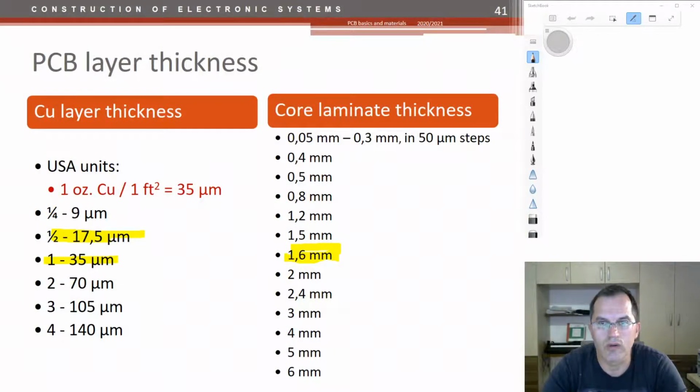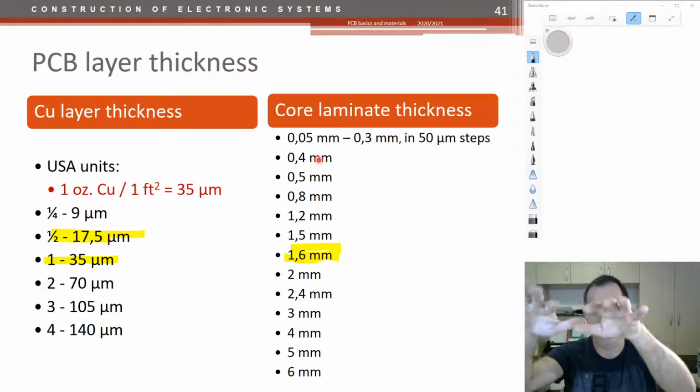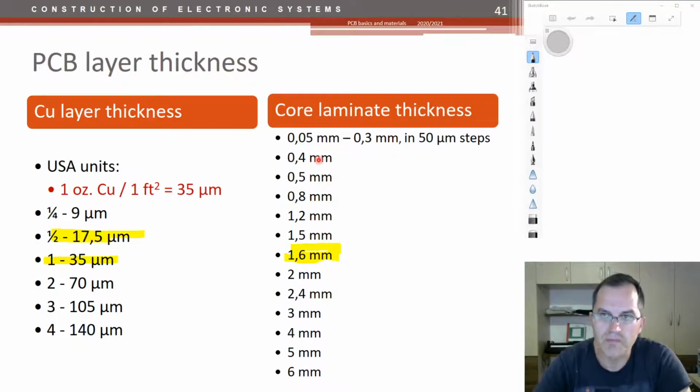If you choose another thickness, it would probably be a little bit more expensive. And the price goes up if you go to much thicker PCBs, let's say these here for mechanical strength, or if you want very thin PCBs, where they also become flexible and are harder to manufacture and harder to handle.